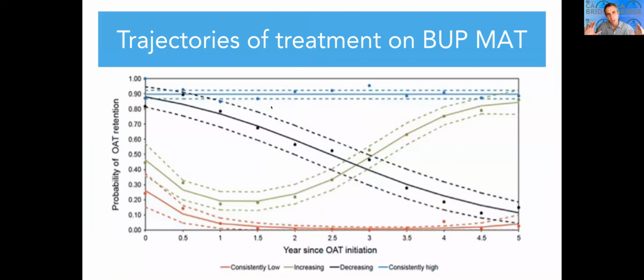Okay, the trajectories of people on BUP. The point here, there is no single interaction that is the pivot point where everything depends on what happened during this ED visit. I know that I've bought into this mentality where it's like, okay, I am going to put on my hero cape and I'm going to do everything for this person. I am going to save them.